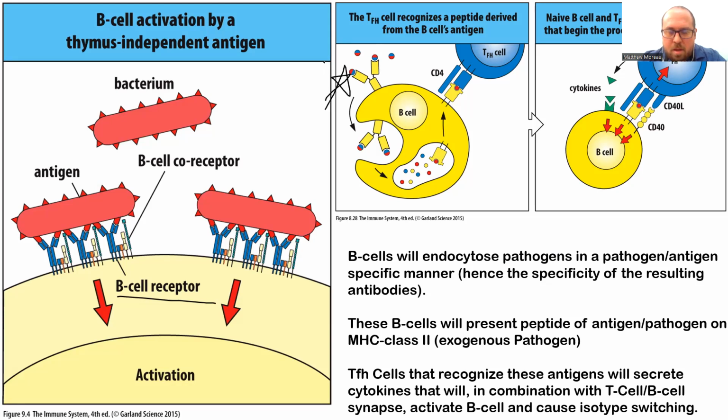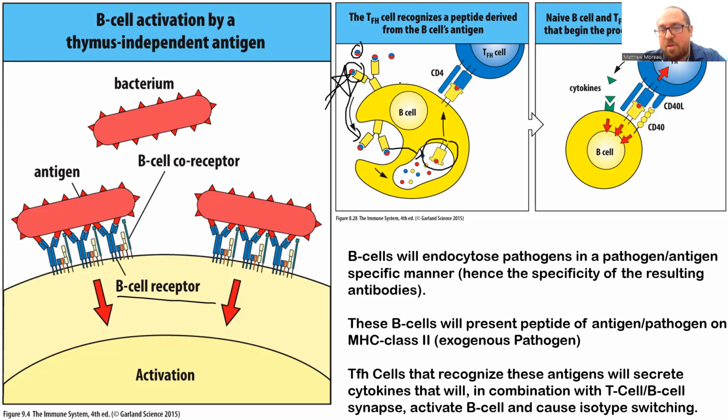If this is the antigen that the B cell recognizes, the B cell receptor can be engaged. And once both arms are engaged by that particular antigen, it causes phagocytosis of that antigen, eventual proteolysis of that antigen, and loading onto MHC class 2.